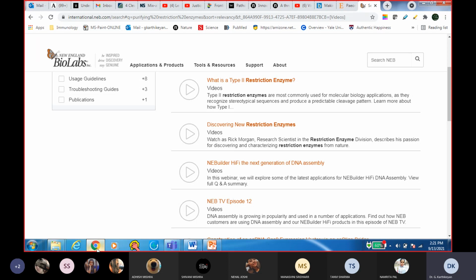Okay. So let's quickly look at this. I thought I should introduce what these type 2 restriction enzymes are, and then how you discover a new restriction enzyme. I keep telling you this is just a theoretical fascination. Suppose the fifth semester students went on some trip to a remote place, and they discover a new and pristine lake or a soil sample, and they discover a novel bacteria.